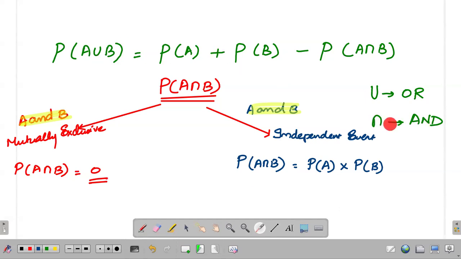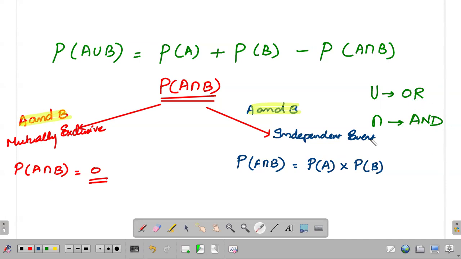And see this AND logic, in the fundamental principle of counting, when it is AND logic, it corresponds to multiplication. P of A intersection B is equal to P of A multiplied with P of B. So the fundamental principle of counting, addition and multiplication, is actually applicable here.